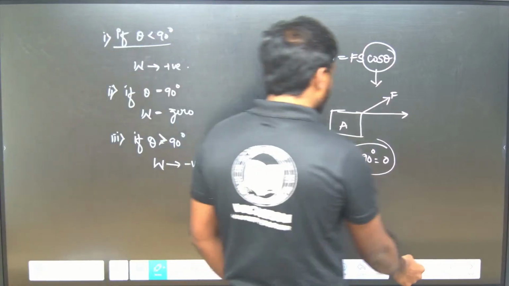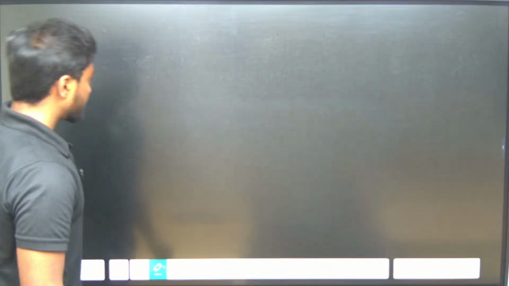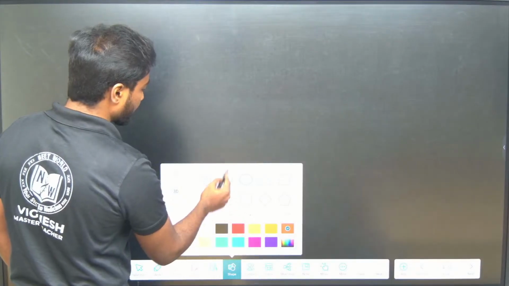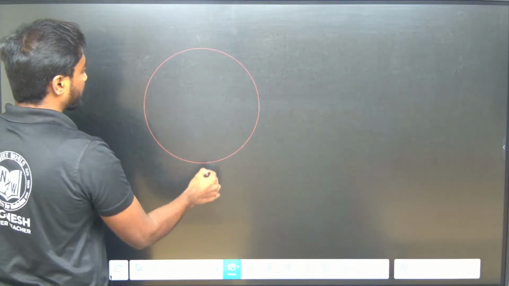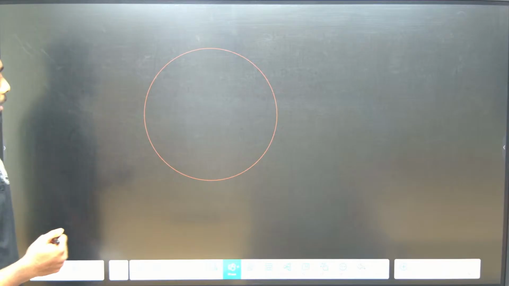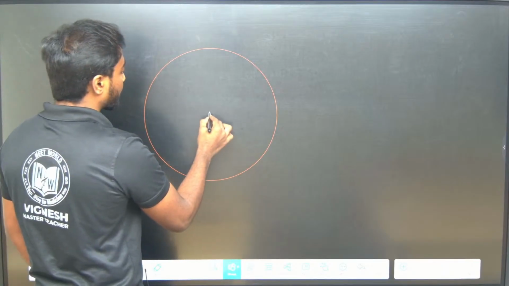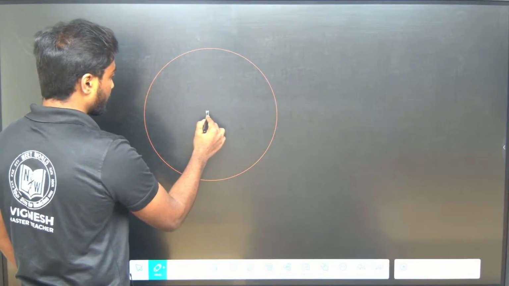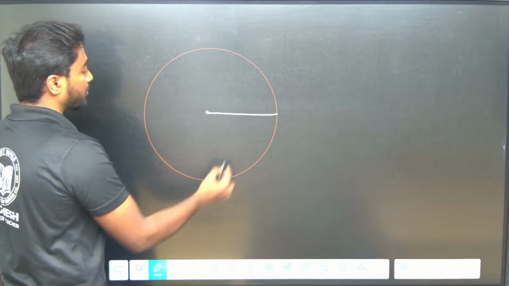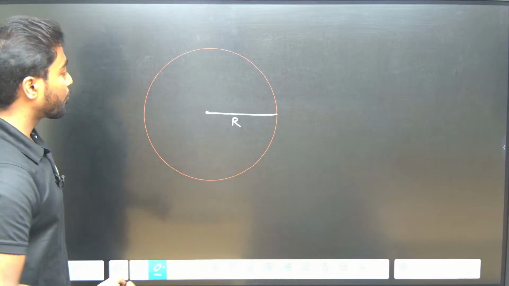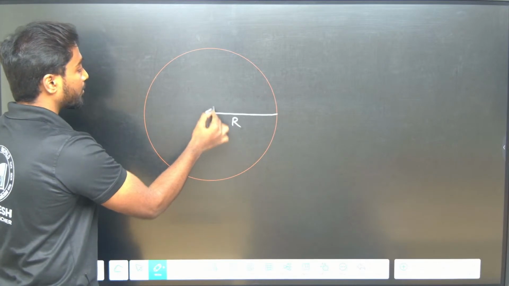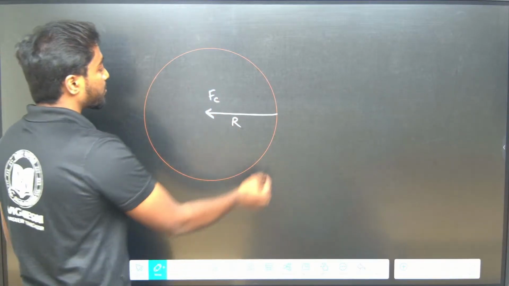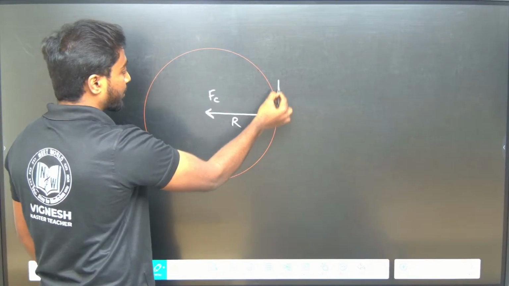The next example: suppose I take a circular path of radius r, and a force applied here is the centripetal force, and the object is moving in this direction.